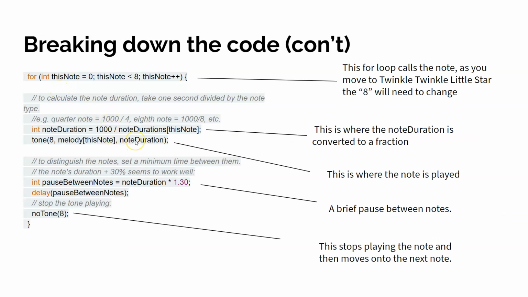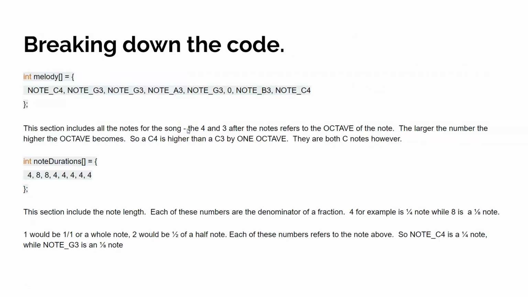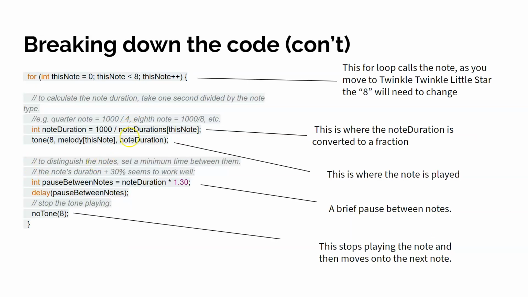And then it's going to play the note duration, which is found right here. It goes to note duration and then this note. So this note here also is referring to that 0 through 8. So it's already calculated that the note duration for C4 is 1,000 divided by 4, or 250 milliseconds. So this is going to be replaced by 250 milliseconds.